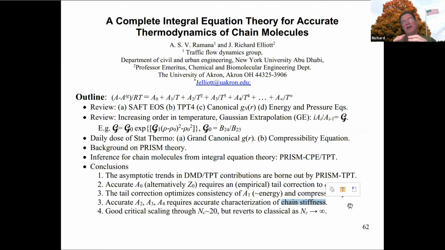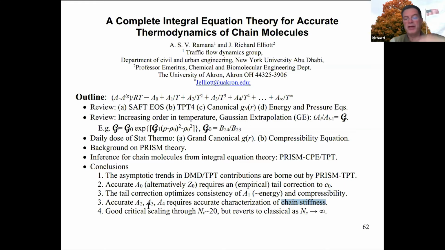But what actually happens is, because of this dihedral angle constraint, the persistence length becomes longer for the overlapping chains. And so that takes a little getting used to, but it's just a parameter. And you'll see that chain stiffness term has a big impact on these higher order perturbation contributions.